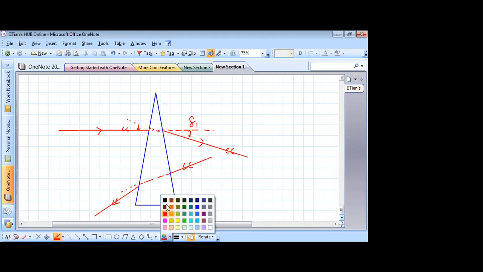So if this ray was incident like this, it would have suffered deviation like this now.